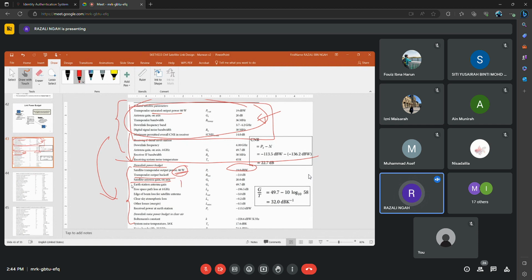Now I just want to show you, from the power amplifier until the antenna GT, you are given only one loss, which is back off loss. So in this case, what is EIRP in dB?